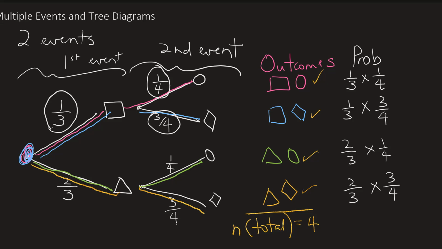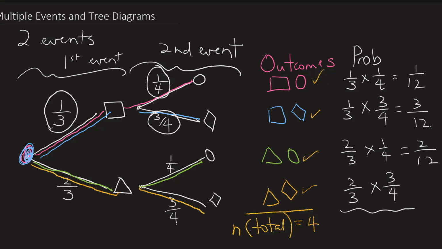Now, an easy way to check that you have got these numbers in the probability column correct is to work them out and add them up, and they should equal 1. So let's do that. 1/3 multiplied by a quarter is 1/12. 1/3 multiplied by 3/4 is 3/12. 2/3 multiplied by a quarter is 2/12.